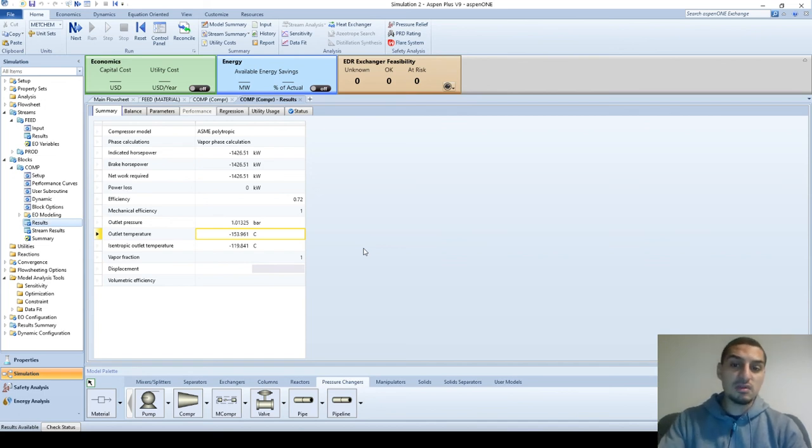If people are working with cryogenic systems, it's very crucial in cases like liquefied natural gas, because these industries require the natural gas to be stored at very low temperatures. So there is no way you can achieve these temperatures without having refrigerants and refrigeration cycles, of course.